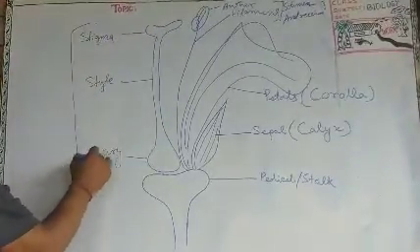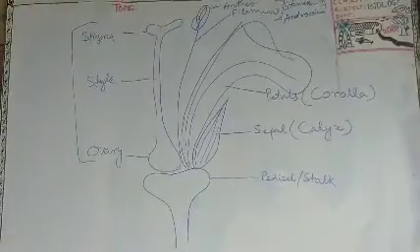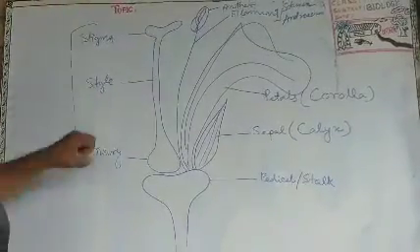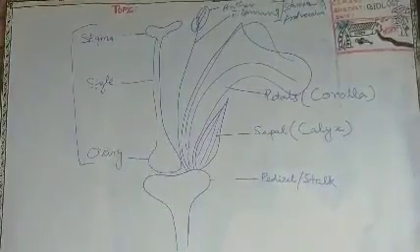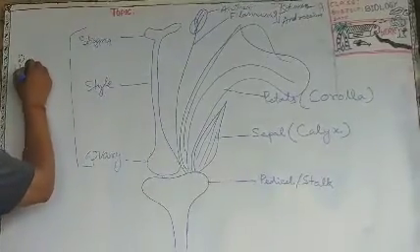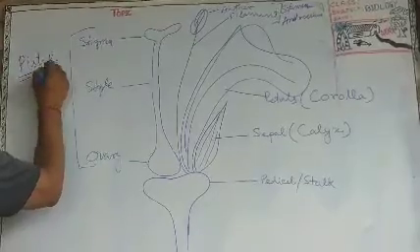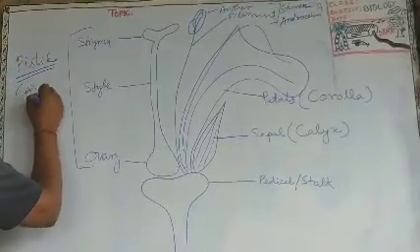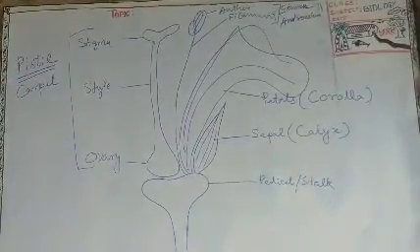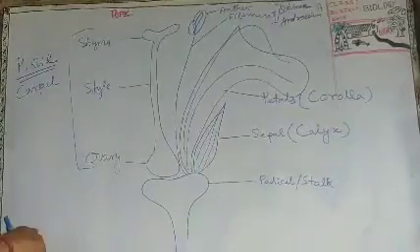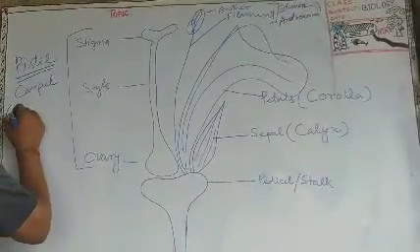This stigma, style, ovary, all these three together make the female part known as pistil, or another term we use for pistil is carpel, right? And the whorl of pistil or carpel makes gynoecium.